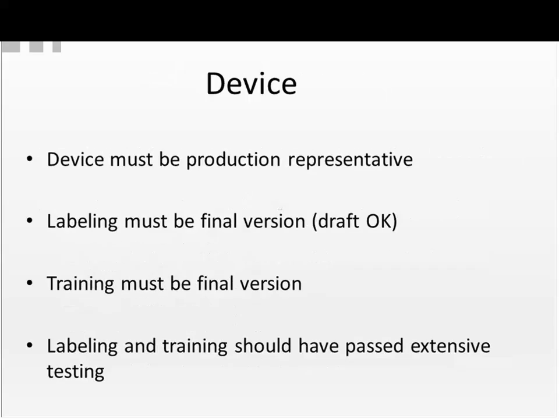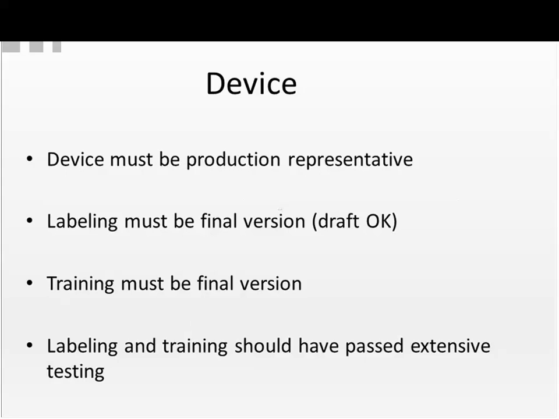Now, the device must be production representative. The labeling must be the final version. Drafts are okay. It doesn't have to be fancy 4-color manuals, but it has to be the final version.